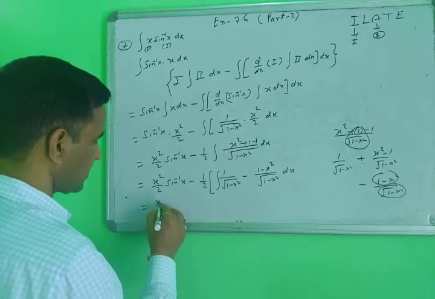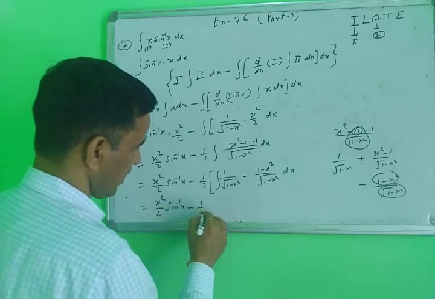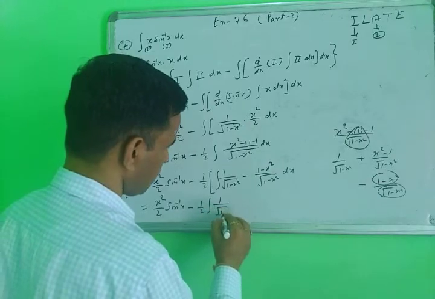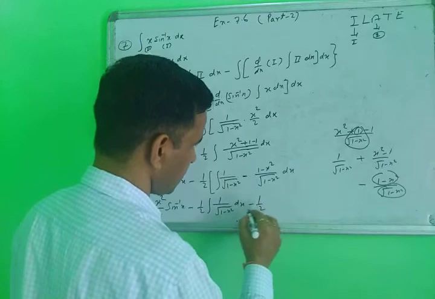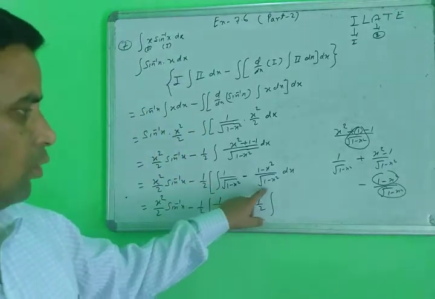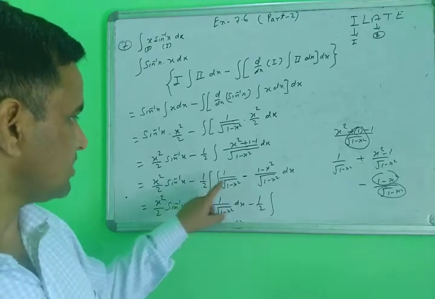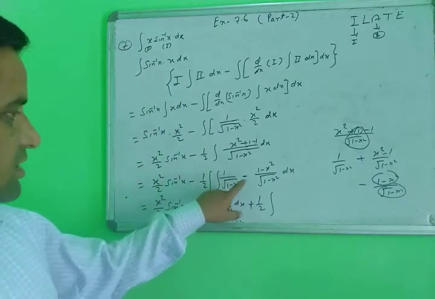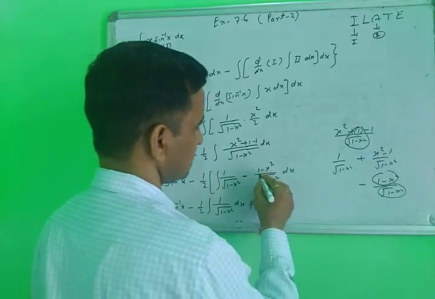What is left here? x square upon 2 sine inverse x minus 1 by 2 integration of 1 minus root 1 minus x square dx. Do it separately: minus 1 by 2, and here minus becomes plus, because the minus sign converts to plus.